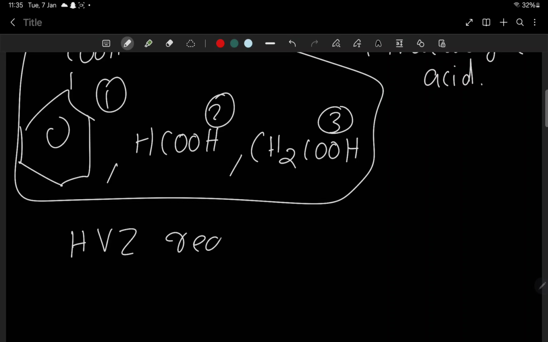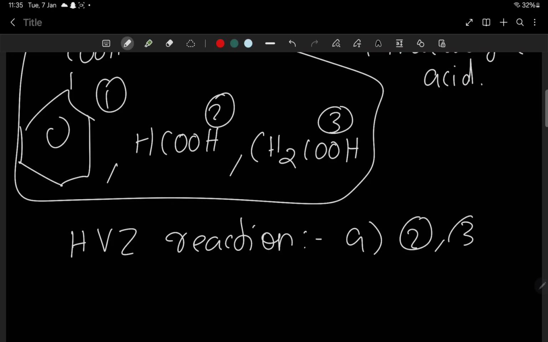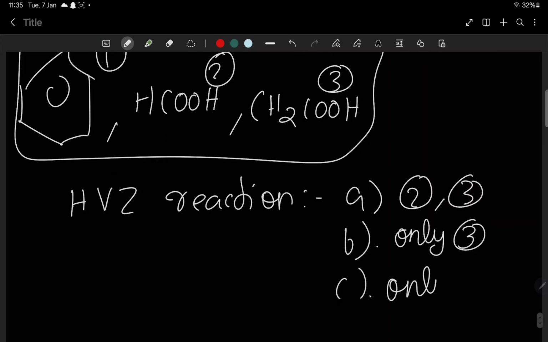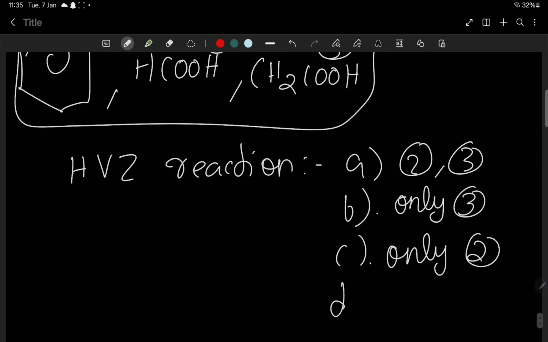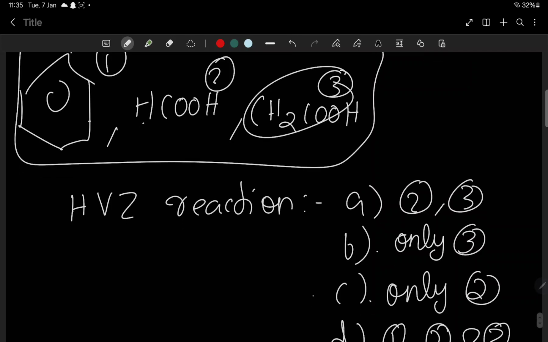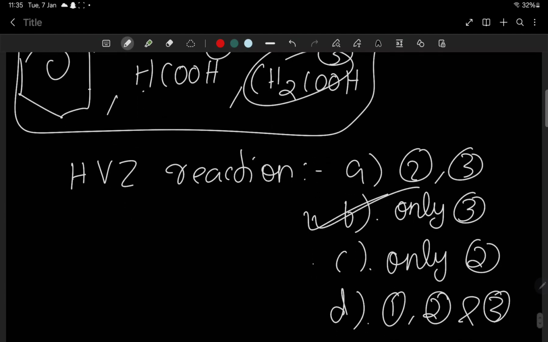HVZ reaction is given by: option A 2, 3, option B only 3, option C only 2, option D 1, 2 and 3. What's the answer? Here this one doesn't have alpha hydrogen, this doesn't have alpha hydrogen, only this 3 has alpha hydrogen, so only 3. Option B is the correct answer. So these questions will be asked. Only these type of questions will be asked.